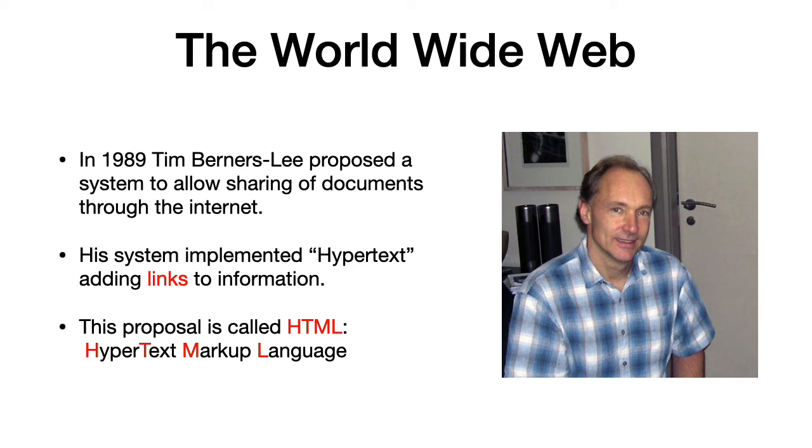He also devised a schema for writing such documents called HTML, and a protocol for transferring them via TCP. He also created a browser for viewing and editing such documents. This was the beginning of the World Wide Web.